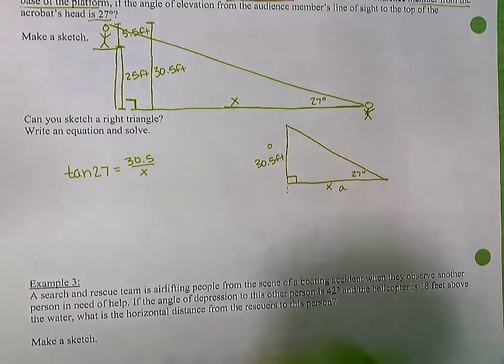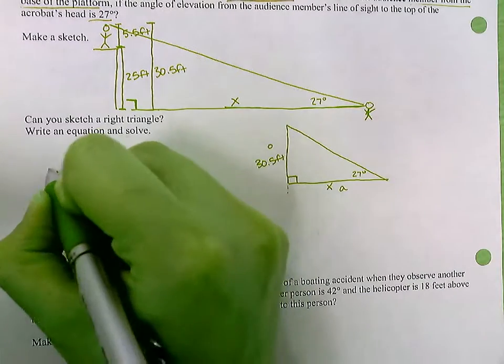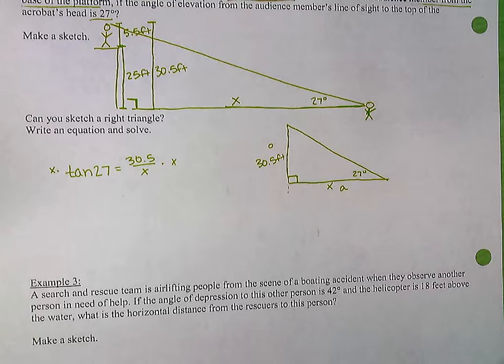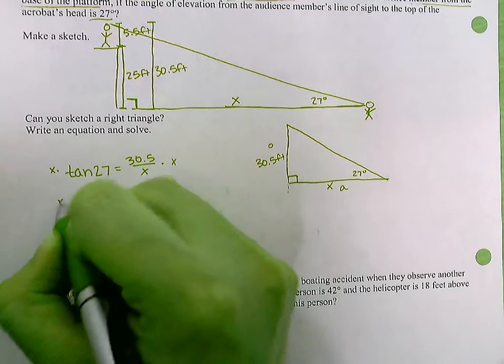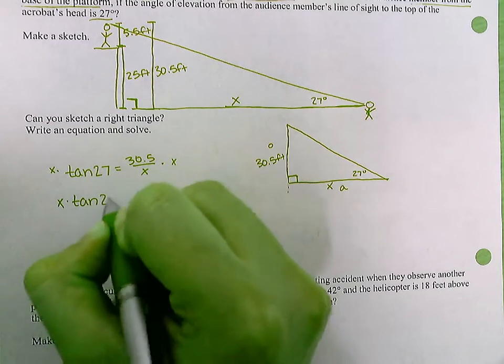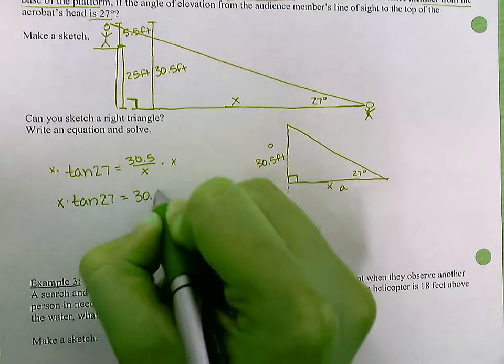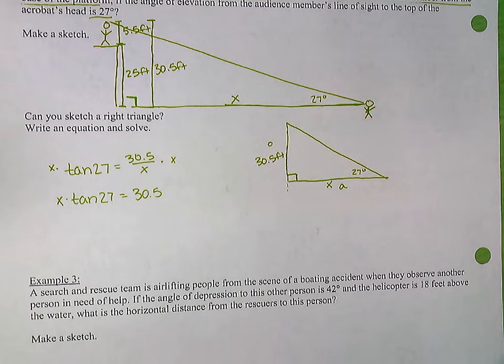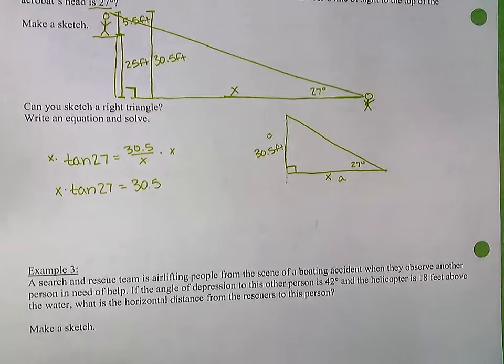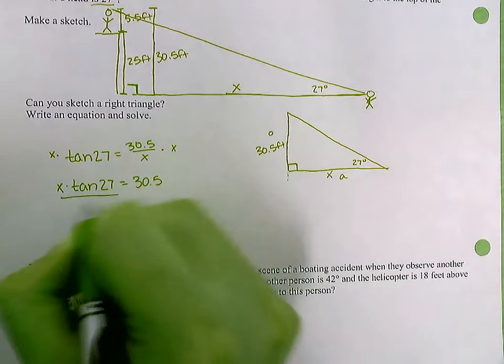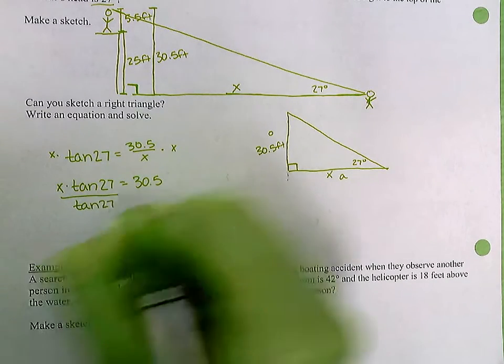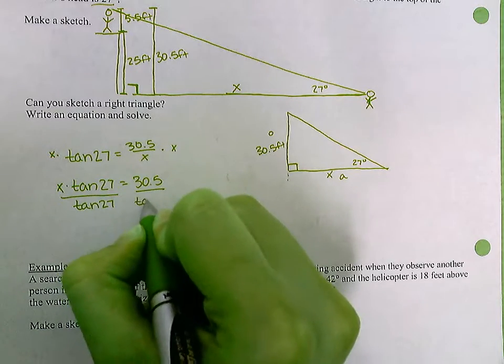I want to multiply both sides by whatever's in the denominator, so multiply by x. So we have x times the tangent of 27 is equal to 30.5. To get x by itself, we're going to divide both sides by tangent of 27.